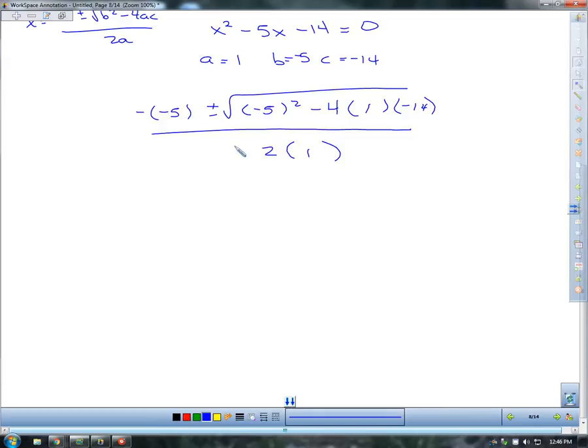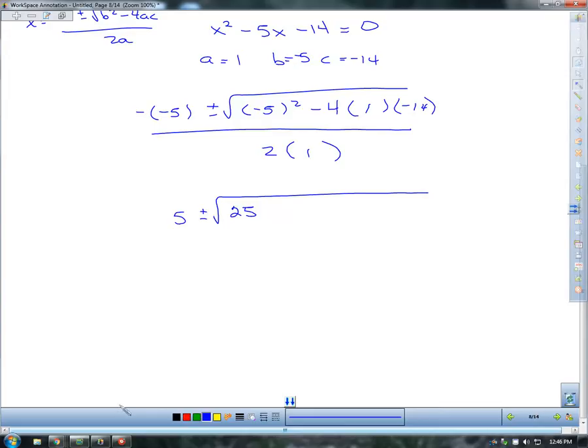Now, I just start simplifying everything. There's really no set steps that you have to do. But usually what I do is I go ahead and fix this one sign. So I know this is a positive 5, plus or minus. I keep the square root. Go ahead and do this number squared, which would be positive 25. Make sure when you do this one that you actually put the parentheses when you put it in your calculator. Any number squared should be a positive number.